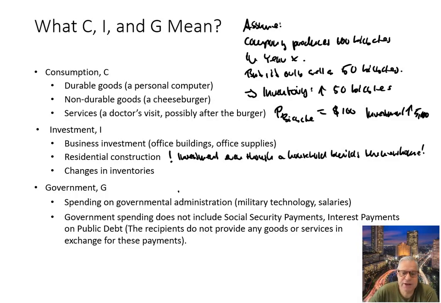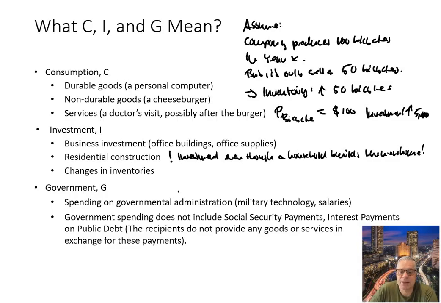So obviously government spending is all spending on governmental administration. That includes military technology and salaries for public officials. But it also includes spending on public goods like highways and ports and airports and those kinds of things.